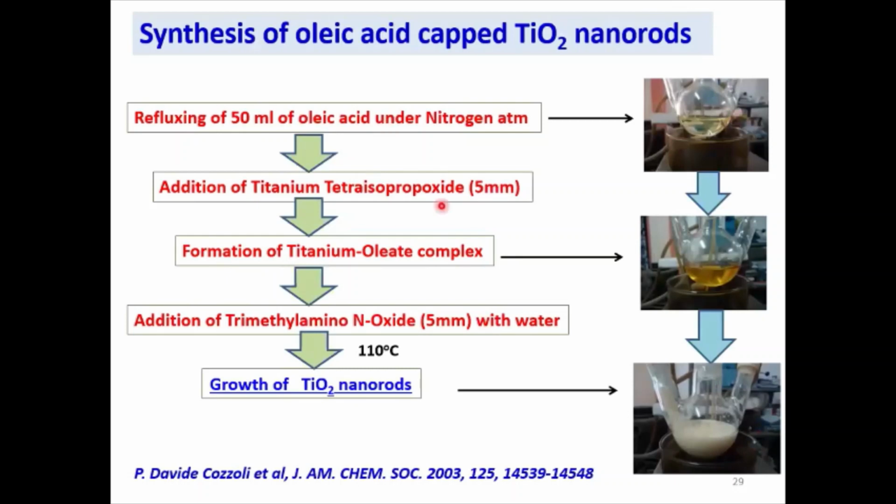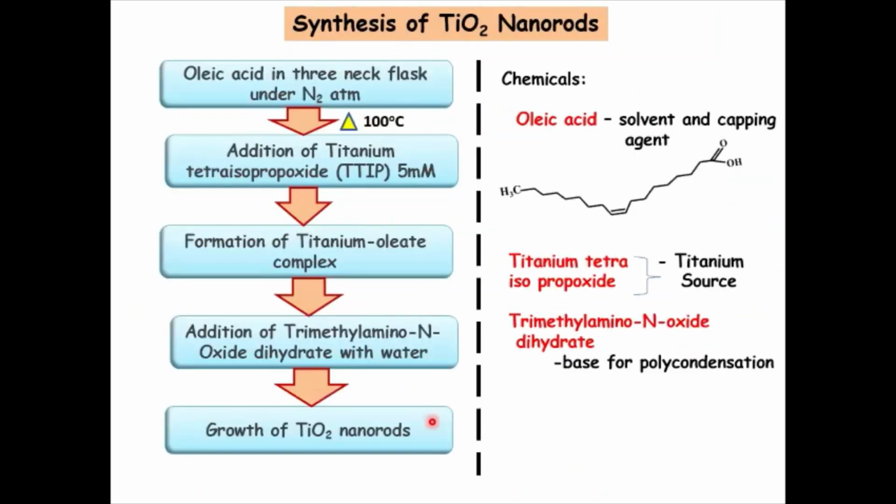Add this titanium tetraisopropoxide. We form titanium oleate, and then we add an additive, trimethylamine oxide with water, and reflux it at 110 degrees. So which gives you a solution like this, and then we filter it out and make titanium oxide nanomaterial. The process goes like this.